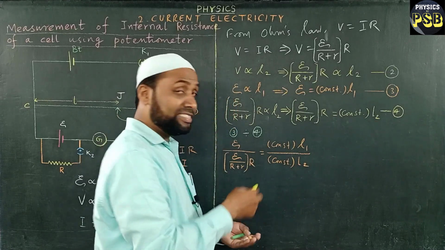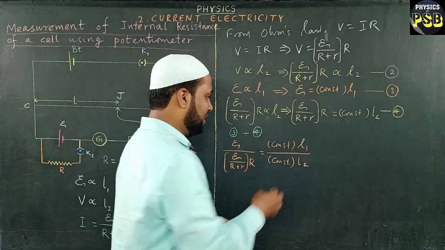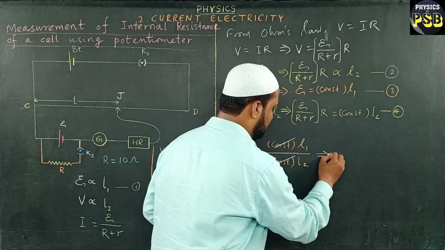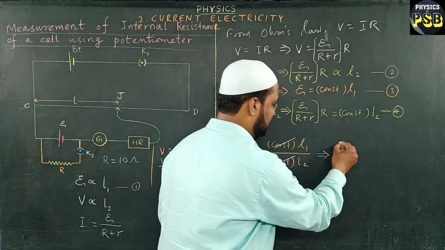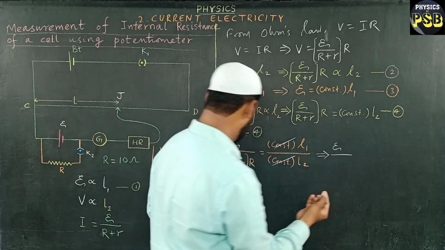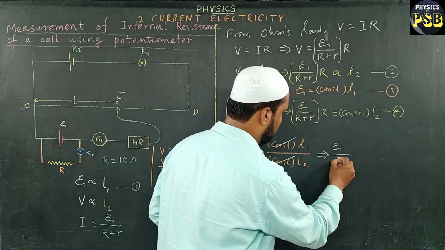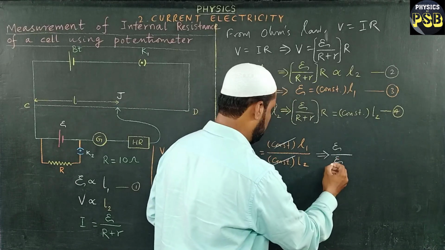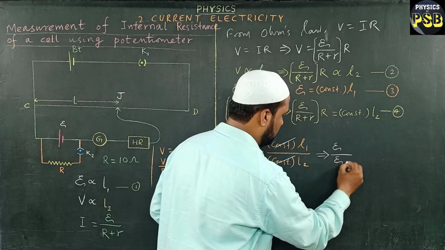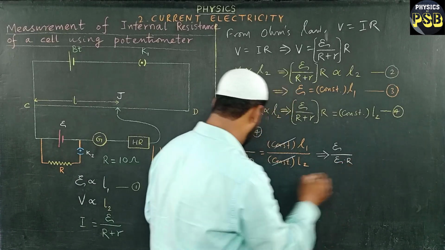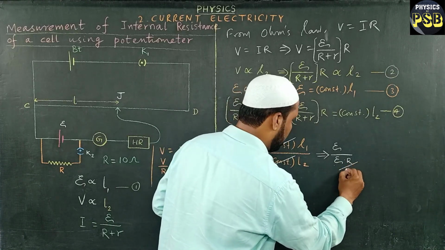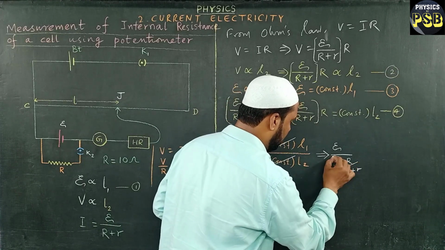Now the same terms get cancelled. I cancel these two, and what do I obtain is nothing but this: ξ upon ξ R, multiplied, divided by R plus small r.